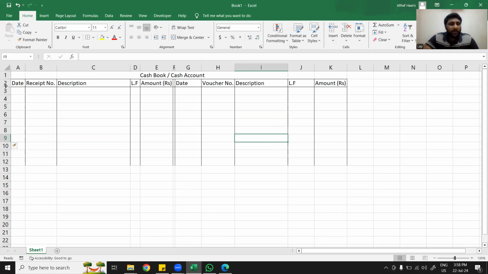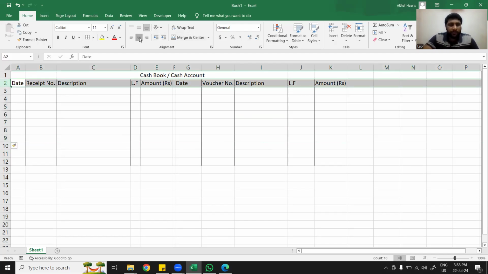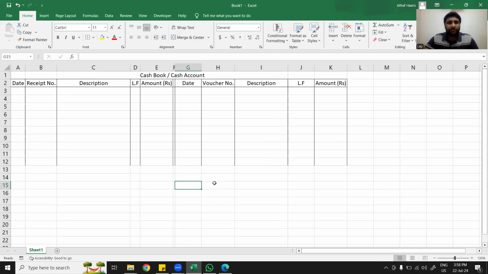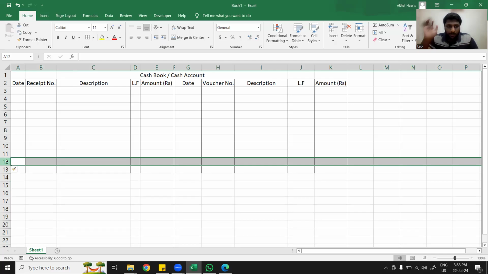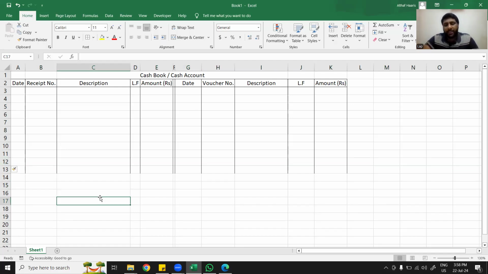Date, receipt number, description, ledger folio, amount. Keep like 11 rows, people.